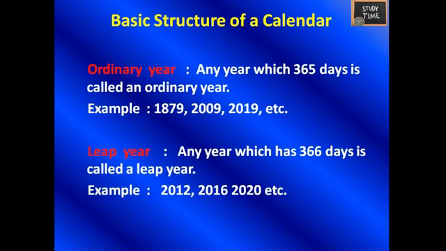If it is not 0, then the given year is ordinary year. Here example 2009, if you divide 9 by 4, the remainder is 1, then it is an ordinary year. If you divide 2020, last 2 digits is 20. 20 divided by 4, the remainder is 0. So that is leap year.